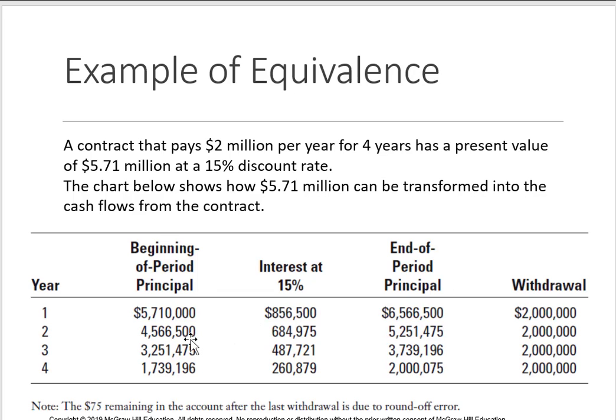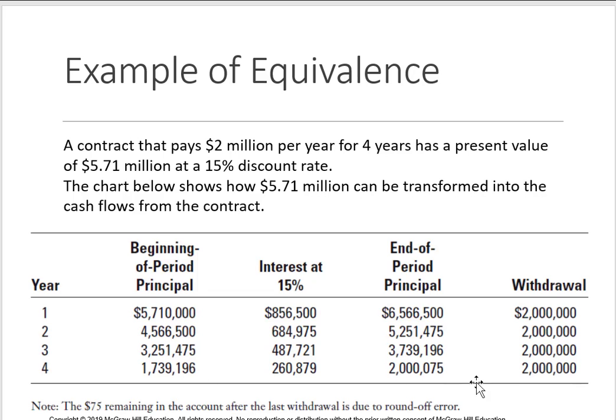That now gives you a balance at the end of the period of $4.566 million. What do you do with that? It earns 15%. Add those two things together, 5.25, subtract out the 2 million, gives you 3.2.